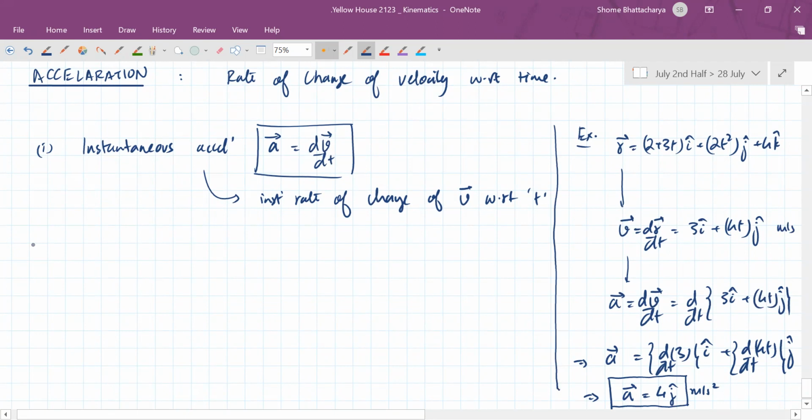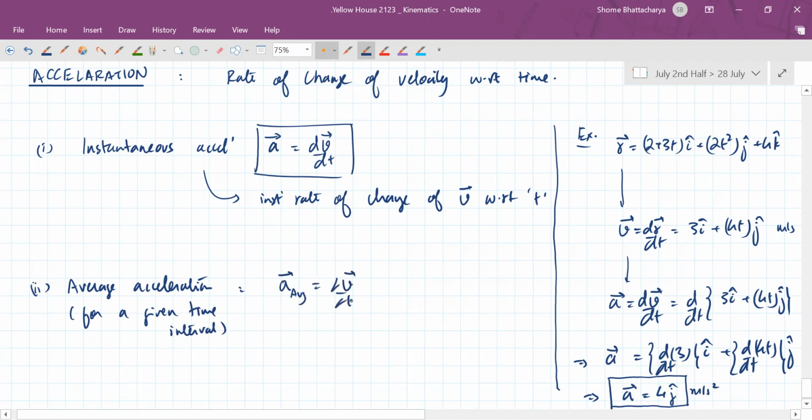Now, likewise, we also have the definition of average acceleration in a certain time interval. Average acceleration is given by a specific symbol, and the average acceleration from t1 to t2 will be the change in velocity, v2 minus v1, divided by the time interval.